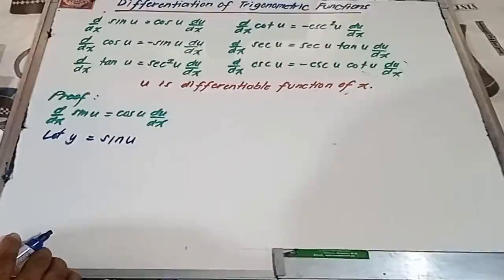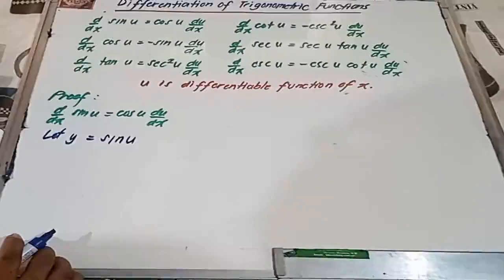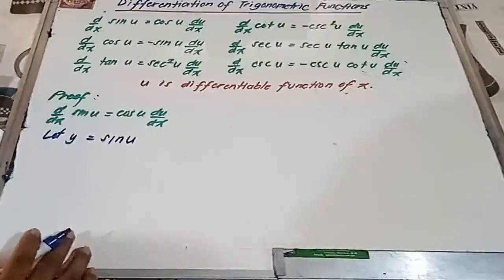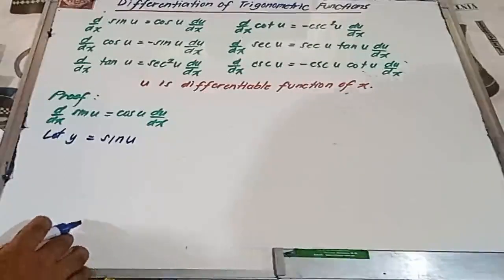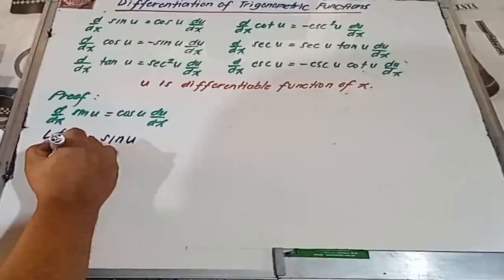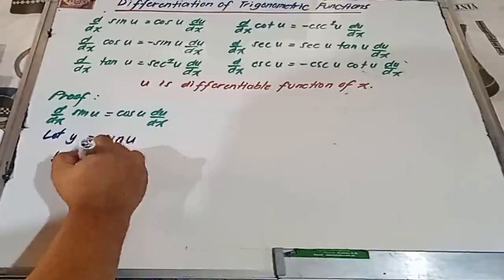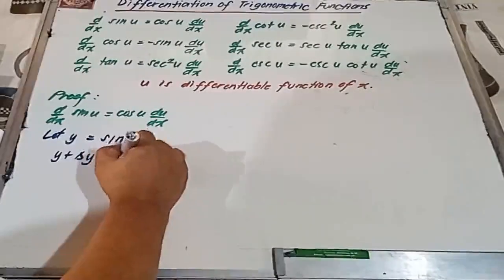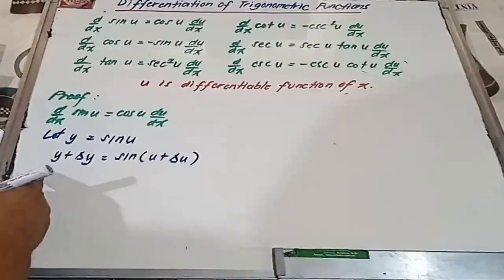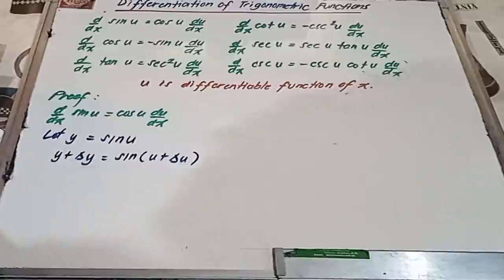And then, we use the four-step rule. How does the four-step rule go? We let y equal y plus delta y and x equals x plus delta x. In this case, u will be u plus delta u. So, we have y plus delta y equals sine of u plus delta u. Then, we solve for delta y over delta u.